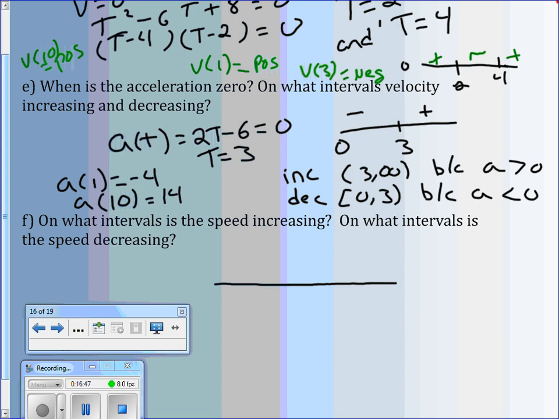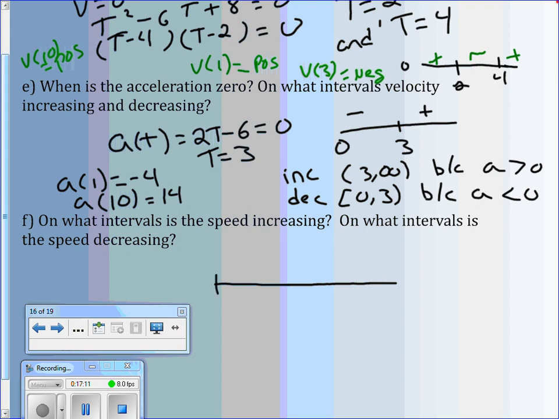We did this before, we just never told us what we're doing. We just found the numbers. Okay, now we know what we're doing. We're going to focus more on the concept here. The concept says that speed is increasing when velocity and acceleration are acting in the same direction. Goes back to our spaceship game.